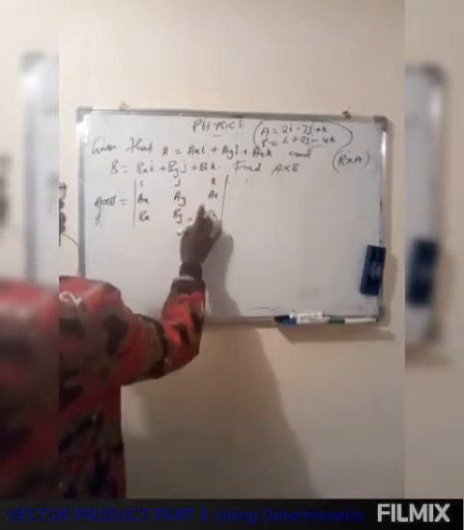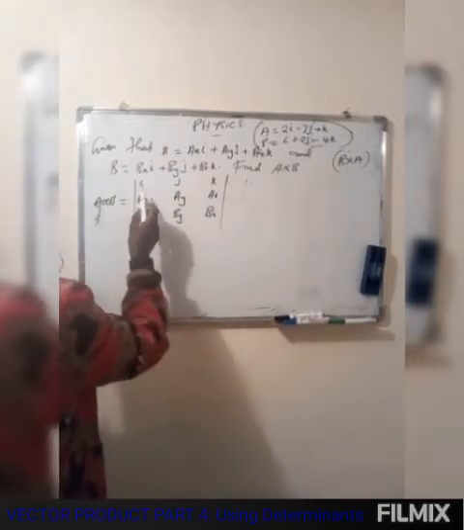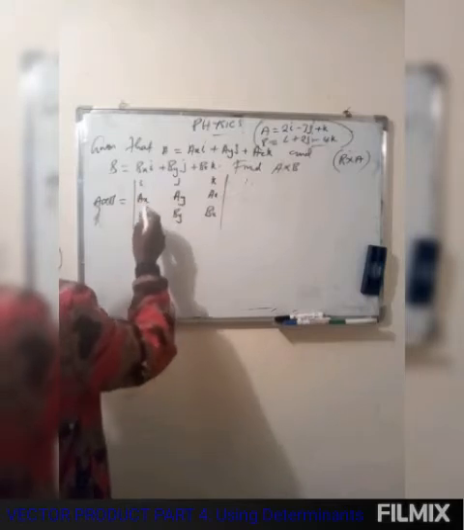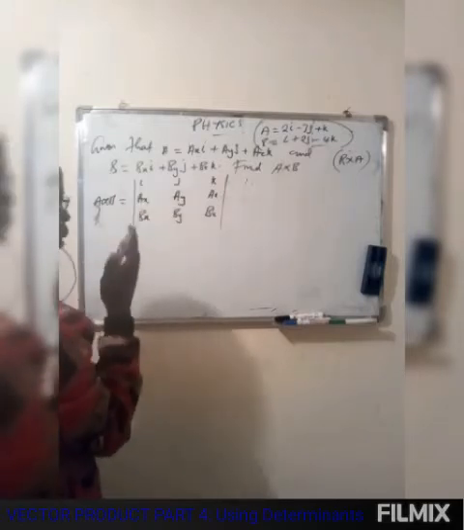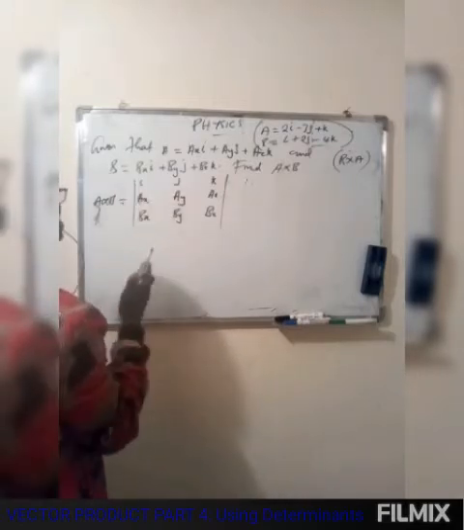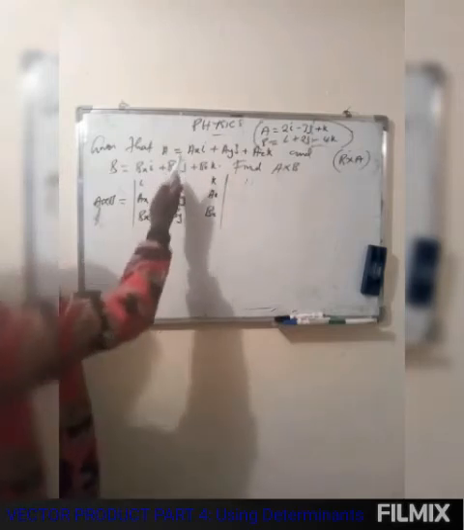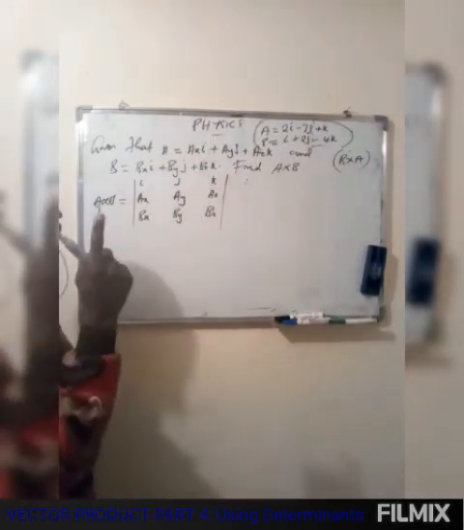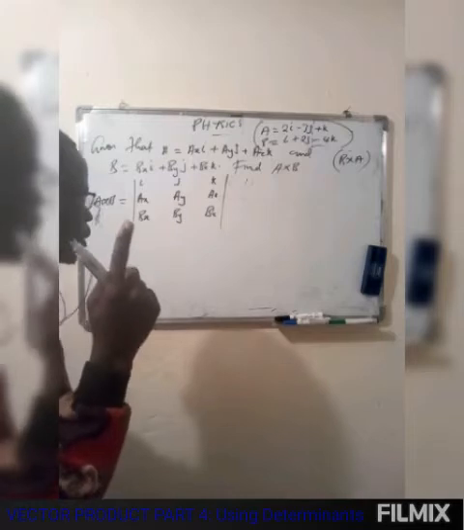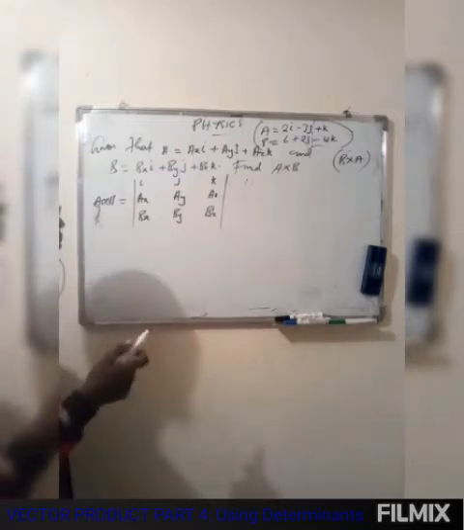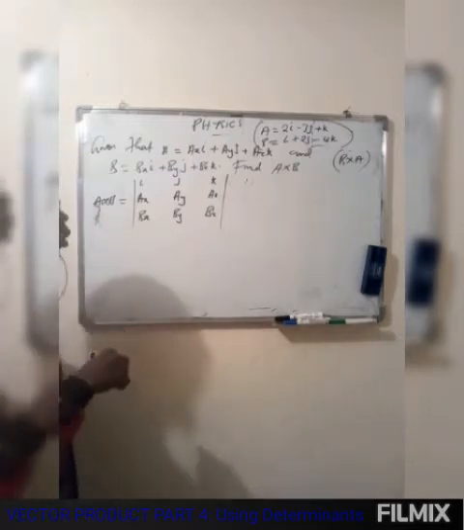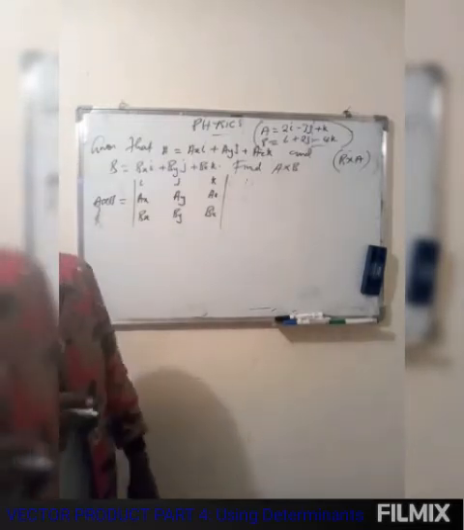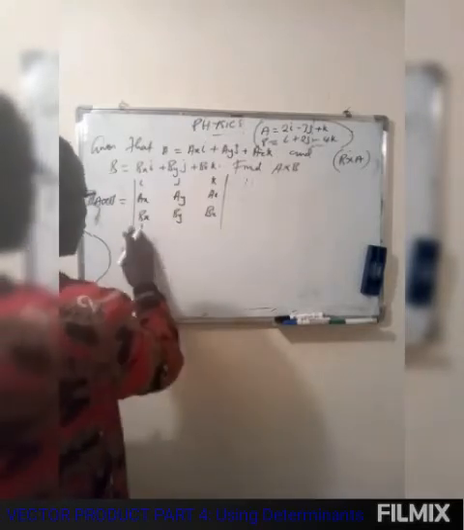So you can see that the first column should have the X component, the second column should have the Y component, and the third column should have the Z component.